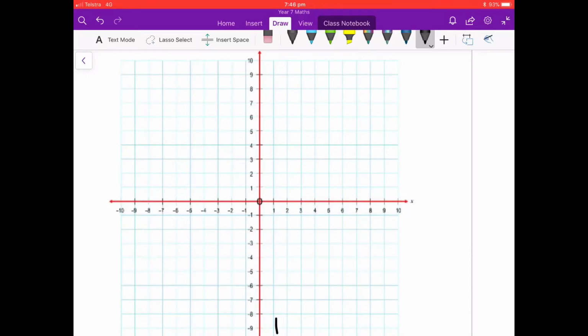Okay, now we're going to be plotting coordinates on the Cartesian plane. The rule is when you're plotting on a Cartesian plane, you must always follow the x-axis first, followed by the y-axis. A number of people come up with different sorts of things.